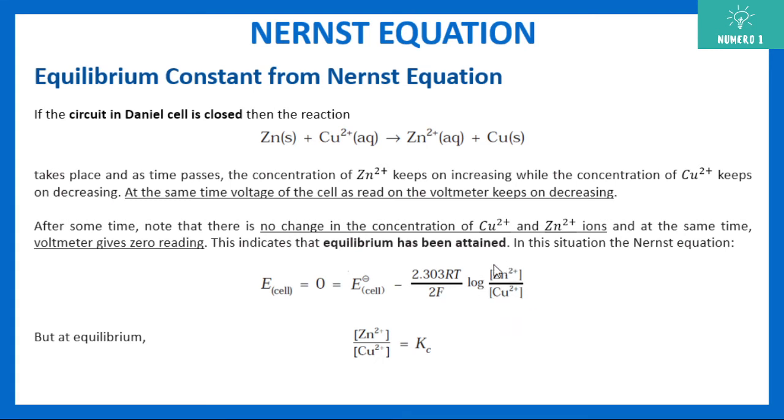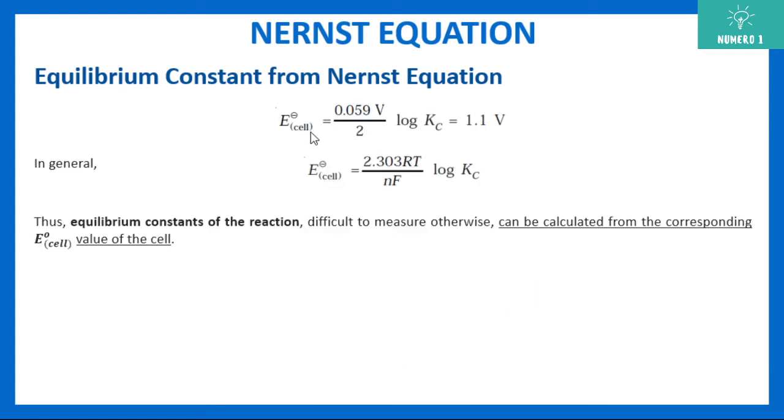So this quantity inside the bracket, Zn2+ concentration upon Cu2+ concentration, is basically your Kc, that is your equilibrium constant. So you can simply put Kc instead of this ratio, and you see that the Kc value can be expressed in terms of E naught of cell.